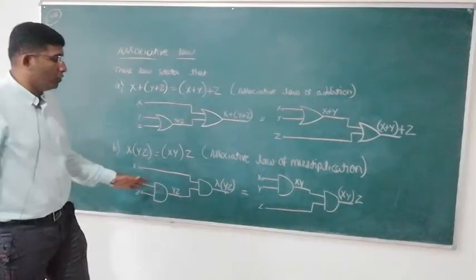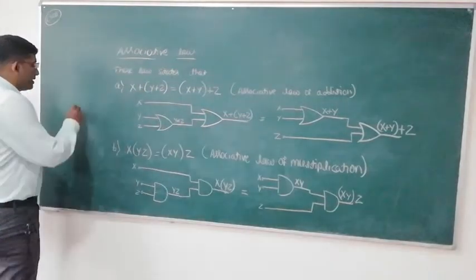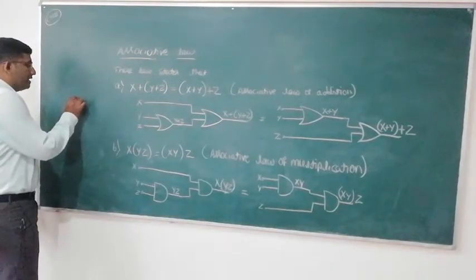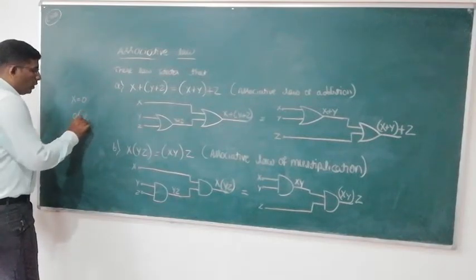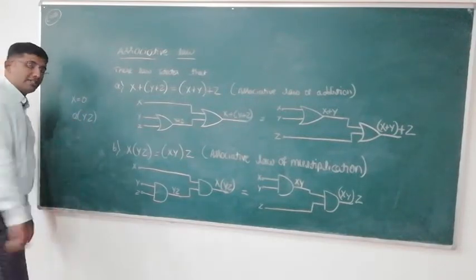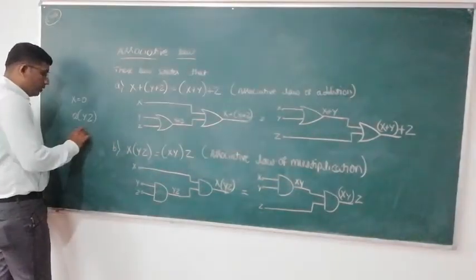Once again, we have to prove LHS is equal to RHS. Same way, if I am substituting the value of x as 0, 0 into yz. As the properties of zeros and ones, if 0 is multiplied by anything, you are going to get 0 itself.